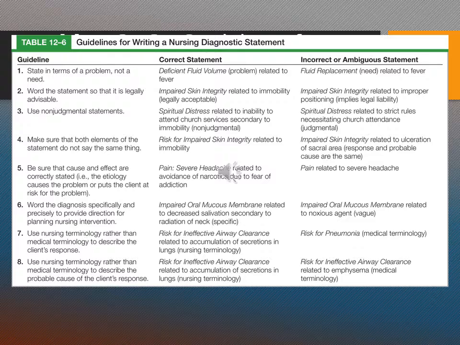And then we use nursing terminology. We said that. Use nursing terminology rather than medical terminology to describe the probable cause of the client's conditions. Remember, that's secondary to. Same thing with number 7, to describe the client's response.